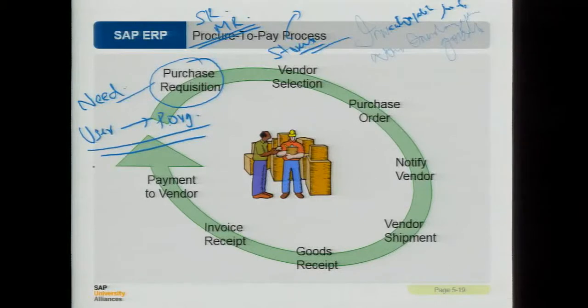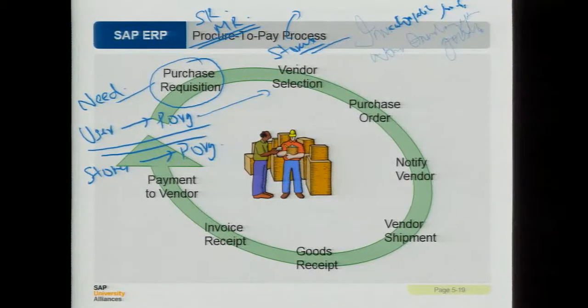So in that case, the stores or the warehouse shall raise their request to the purchasing department, the purchasing organization in SAP terms. Then once the purchase requisition is there, it goes to the purchase department.